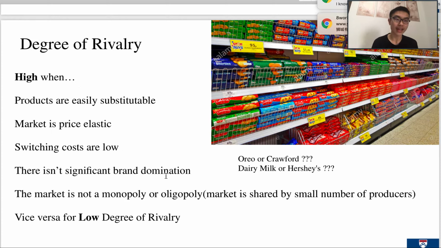And the market is price elastic and switching costs are low, which means if you buy Crawford, you don't have high switching costs. You just buy Oreo, otherwise you just buy Crawford, and Dairy Milk and Hershey's as well. But sometimes there are high switching costs, like buying laptops.